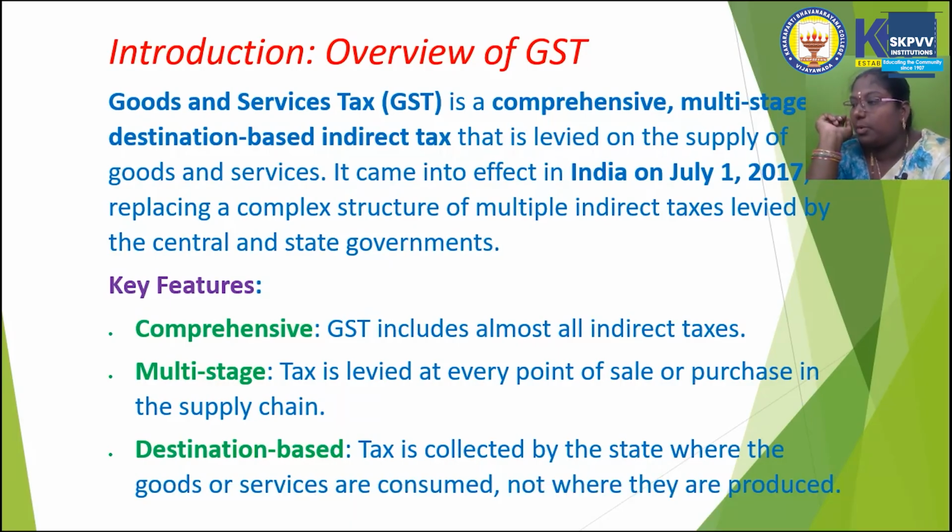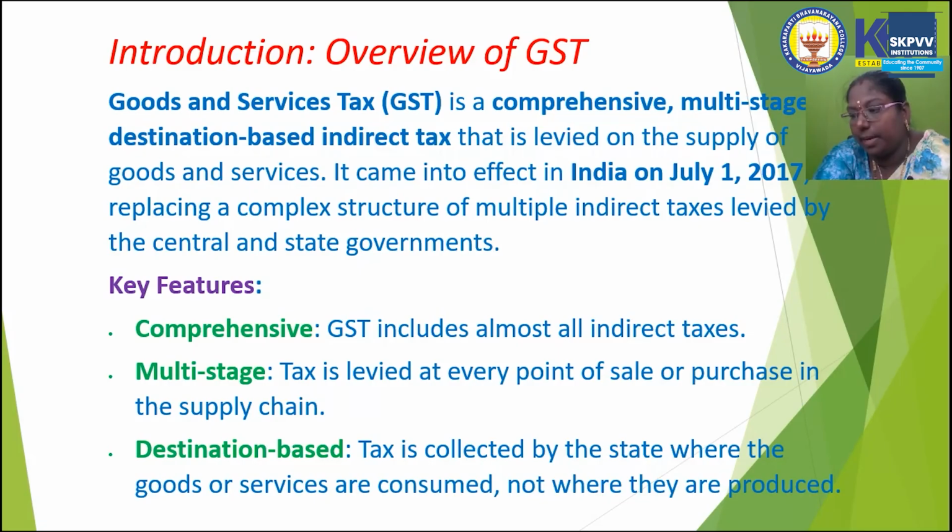GST is levied at each stage. The product is manufactured by the manufacturer, then transferred to the distributor, the wholesaler, the retailer, and finally reaches the ultimate consumer. Since tax is levied at each stage, it is called multi-stage.